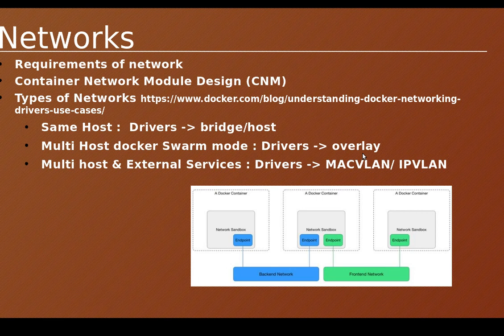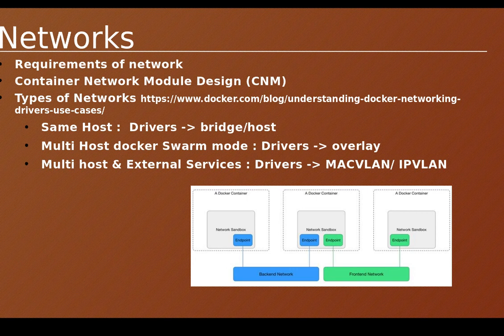And if you have a more complex architecture where you want a Docker cluster to deal with a cluster that is not container-based or VM-based, then you can go with MacVLAN and IPVLAN.